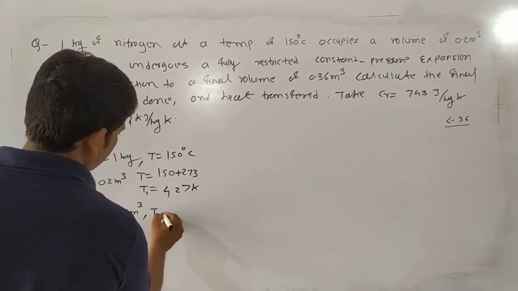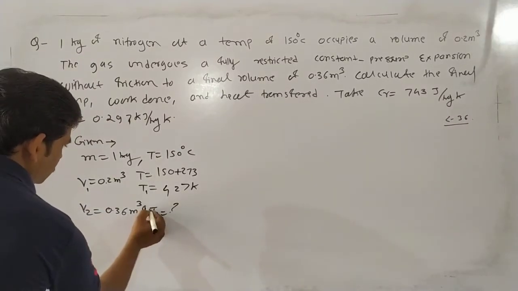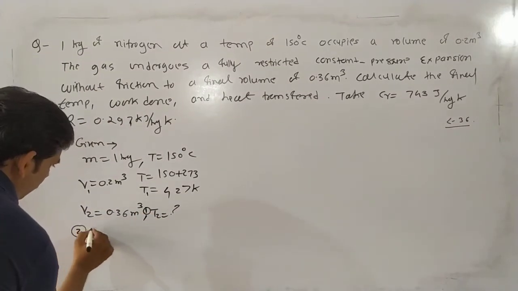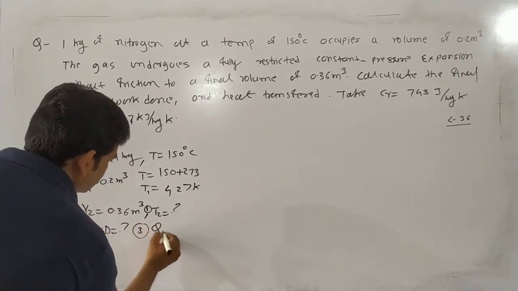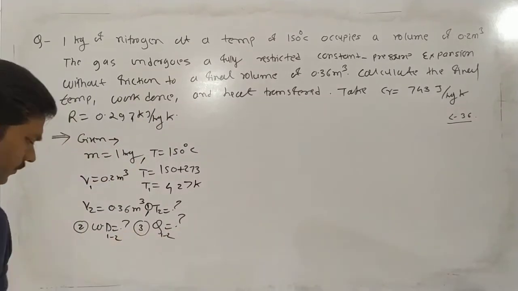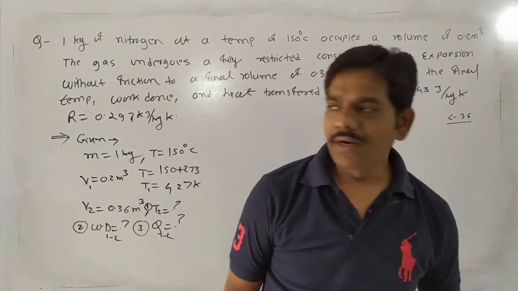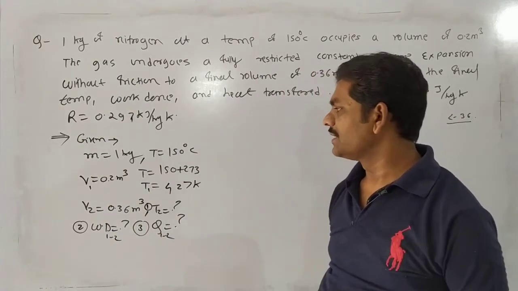Work done, this is the first. Second is work done. And third is heat transfer. So we require to determine these three parameters: T2, work done and heat transfer.